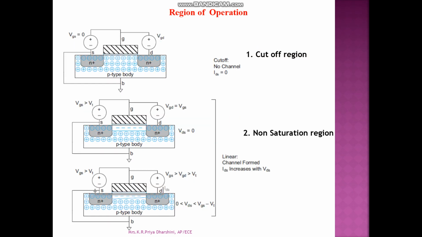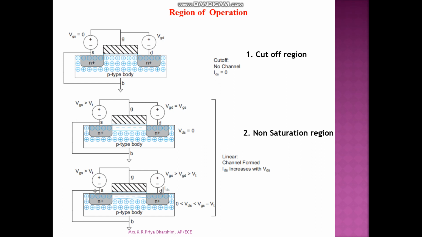Next is the regions of operation of the MOS transistor. There are three kinds of region: the cutoff region, non-saturation region, and saturation region. In the cutoff region, the p-type body has two n wells. The gate and the source are connected together with a voltage called VGS, and the gate and drain are connected with a voltage source called the gate to drain voltage.